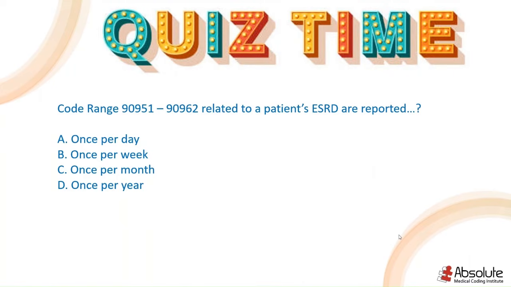Okay, I can't see any answers coming. Okay, there we go. Answers are coming now. It was slow. And yes, the correct answer is going to be option C, once per month.